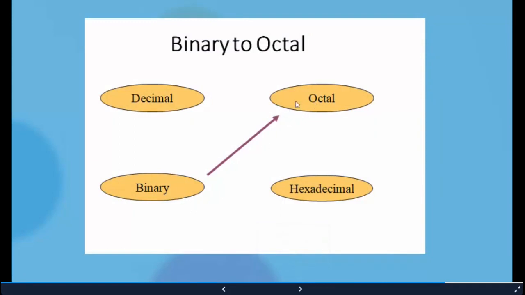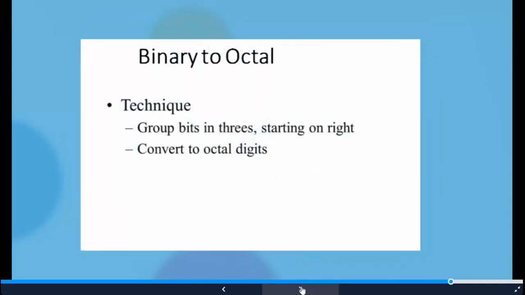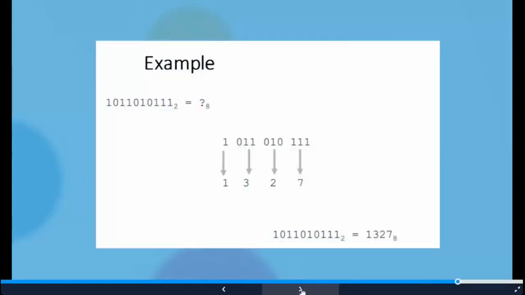So how about binary to octal? That's easy. We do the opposite of what we did earlier. Group bits in 3 starting on the right, then convert to octal digits. Earlier, when going from octal to binary, we represented each digit as 3 bits.